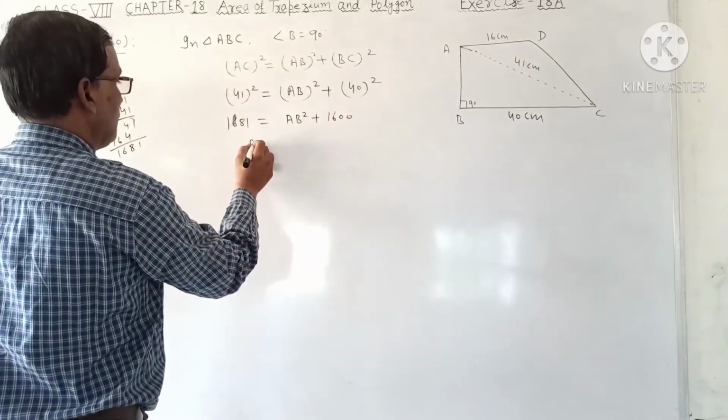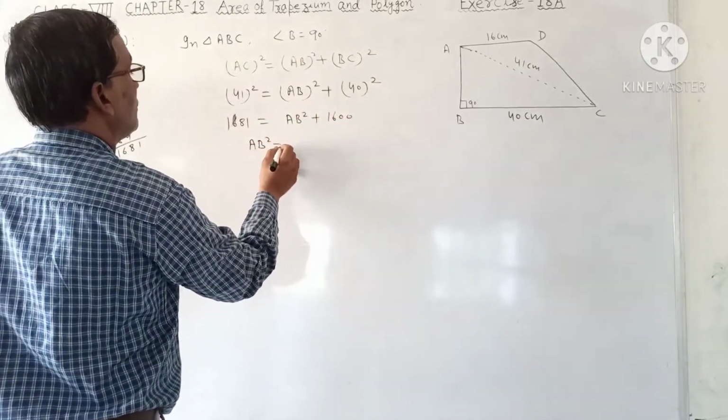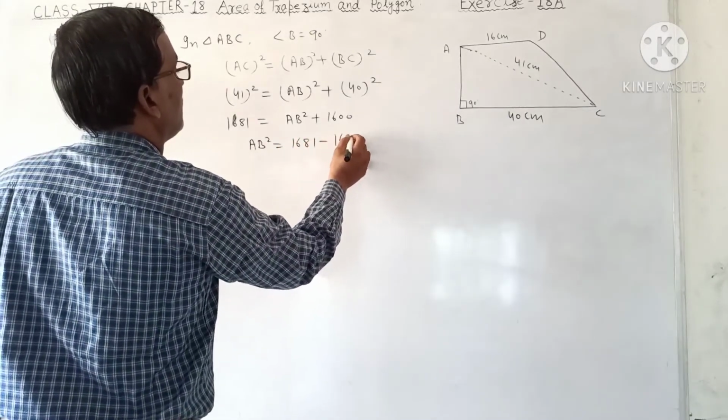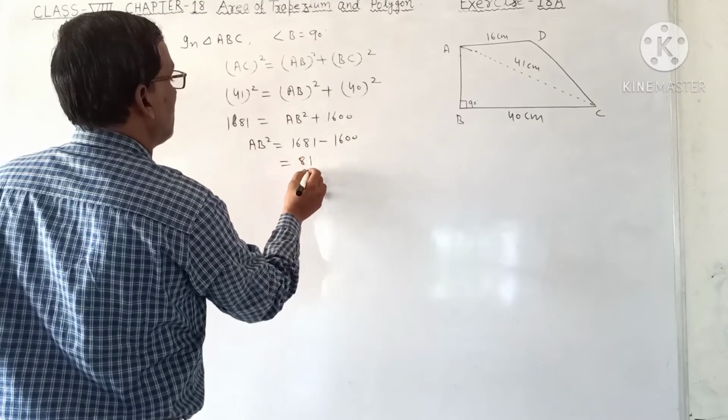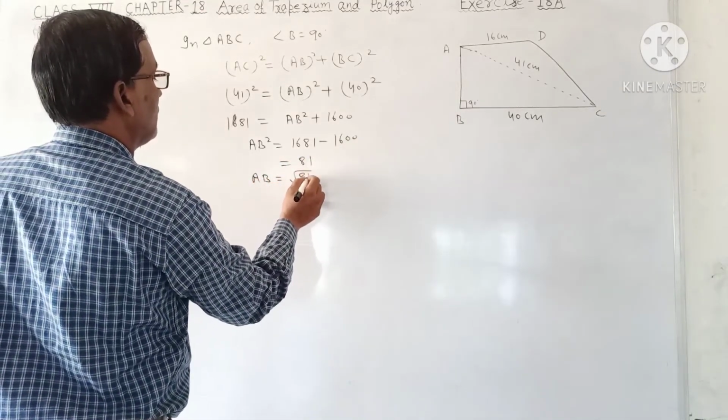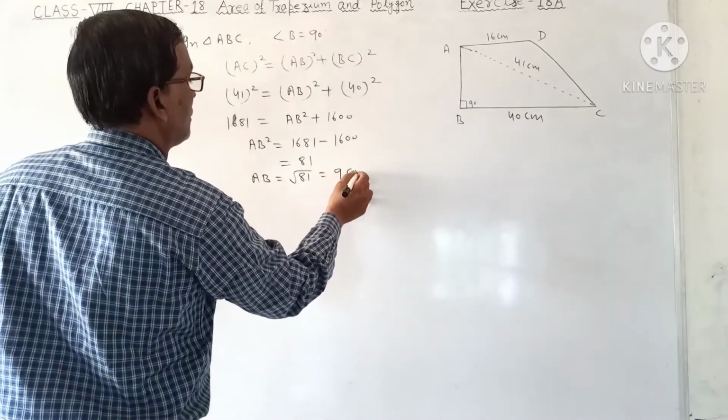So AB square equal to 1681 minus 1600 is equal to 81. Therefore, AB equal to under root 81 equal to 9 centimeter.